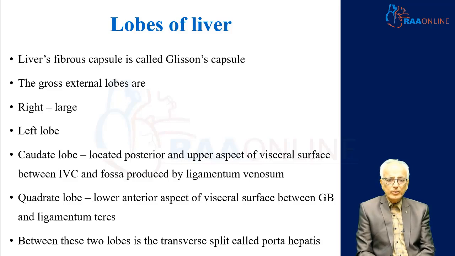The caudate lobe is located on the posterior and upper aspect of the visceral surface between the IVC and the fossa produced by ligamentum venosum, while the quadrate lobe is on the lower anterior aspect of the visceral surface between the gallbladder and ligamentum teres. Anatomically, both caudate lobe and quadrate lobe are part of the right lobe of the liver. Between the caudate and quadrate lobe is the transverse split called porta hepatis.